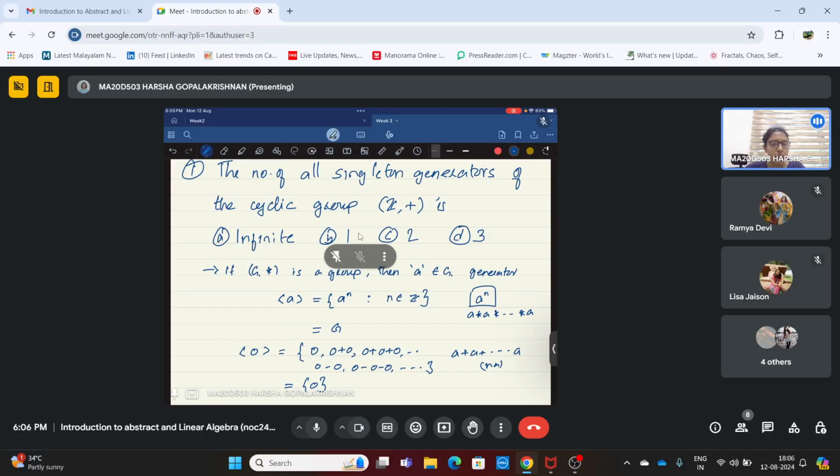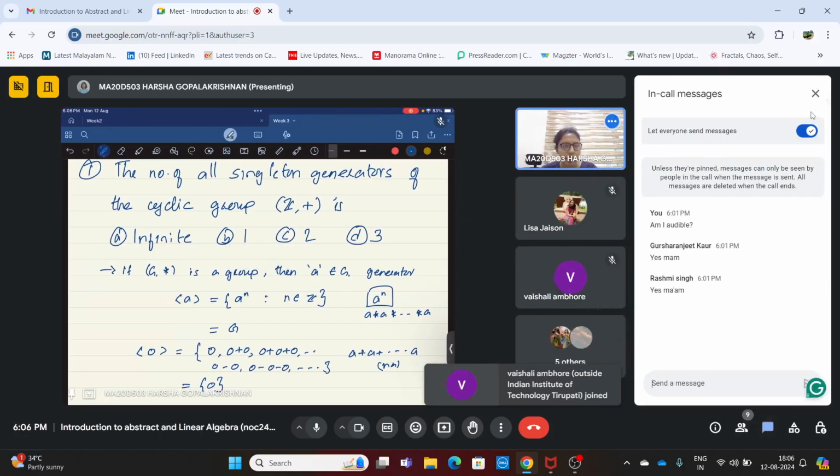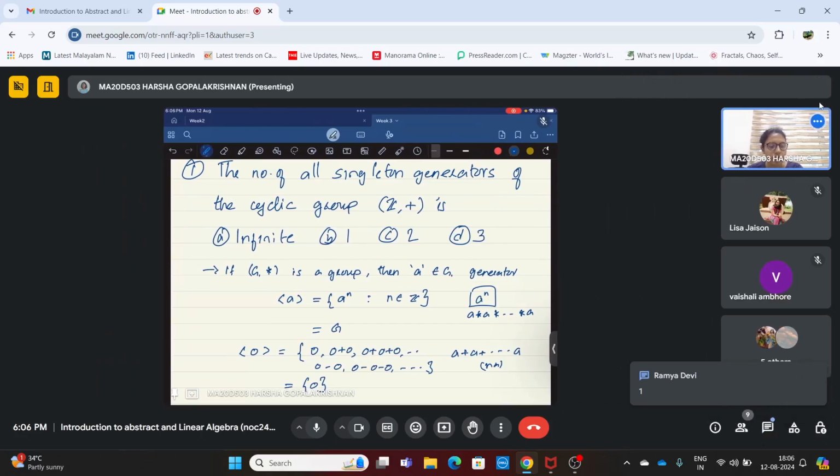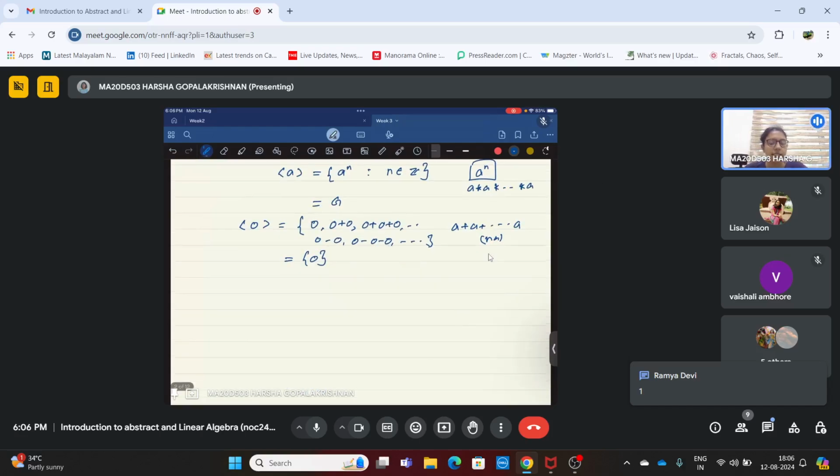Now can anyone tell one generator of Z plus? At least one element which generates the whole of Z. One. Good. The simplest element, the standard generator of Z, is 1.